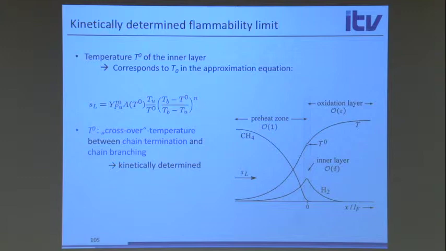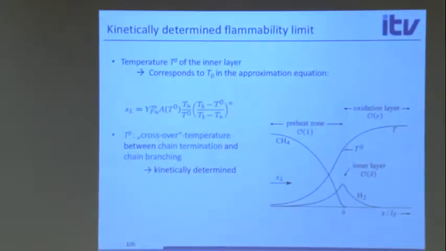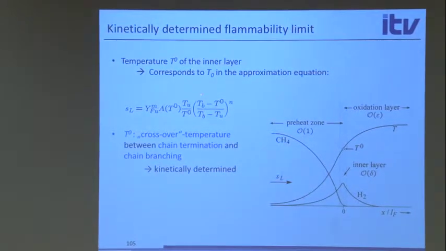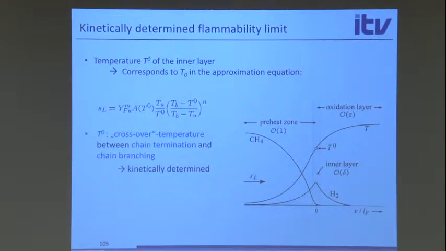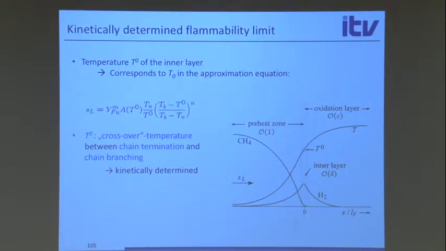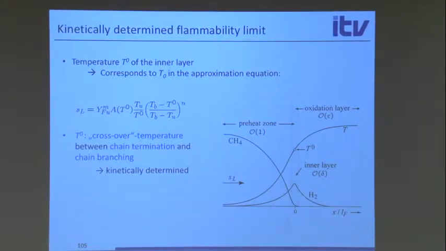The question is, how can we explain the flammability limits? And we said, well, if TB is equal to T0, then the flame can't burn anymore, okay? TB is a function of equivalence ratio, so we can express TB as a function of equivalence ratio, and we can see where TB is equal to T0 to determine the flammability limits, okay?